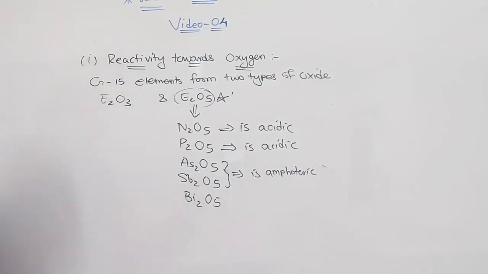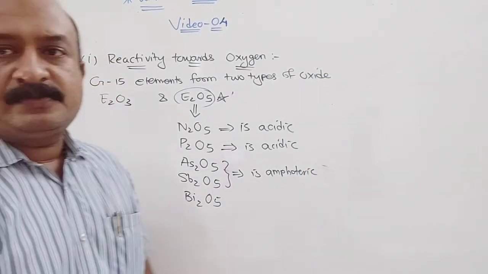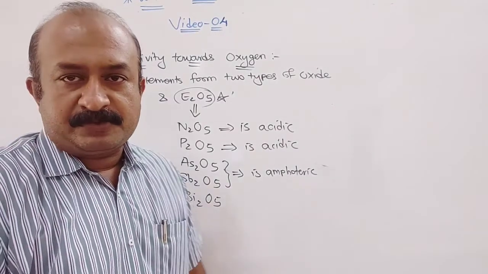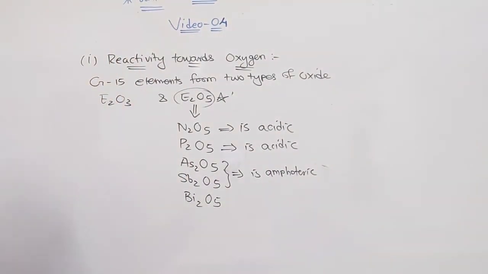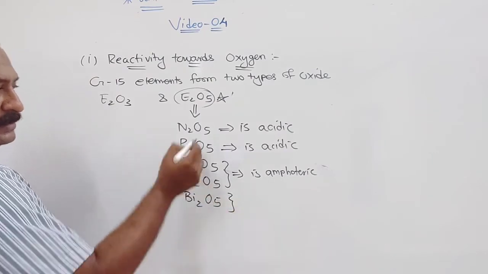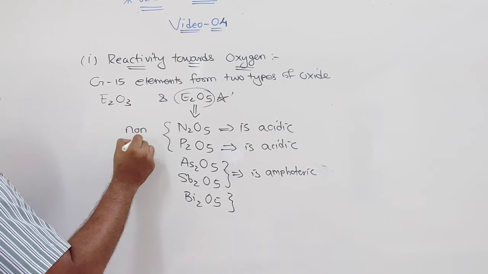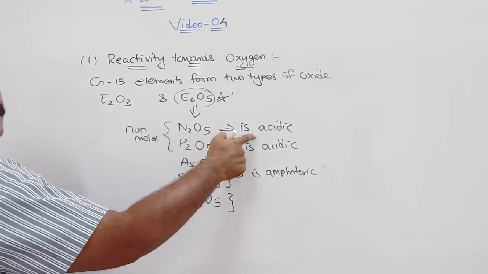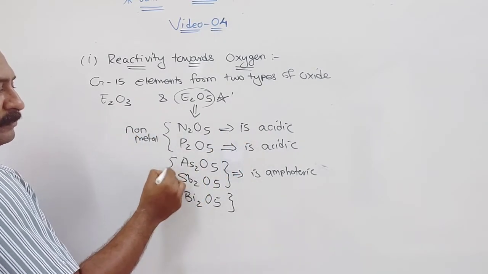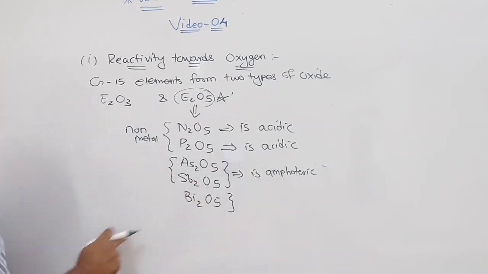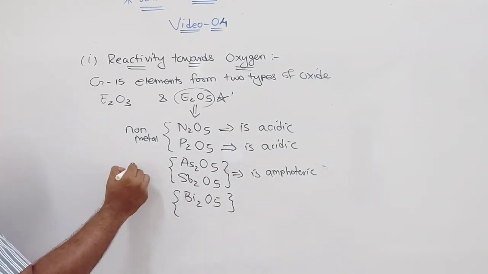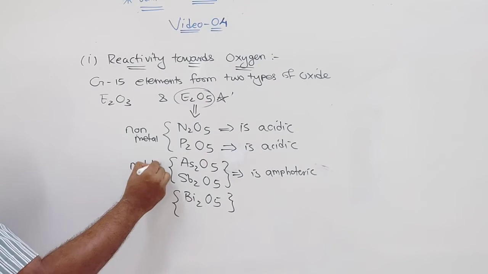Amphoteric means it behaves like an acid as well as a base, with both acid and base. And the last one is a metallic oxide. N and P are non-metals, and we know non-metallic oxides are acidic in nature. Arsenic and antimony are metalloids, so they are amphoteric in nature.